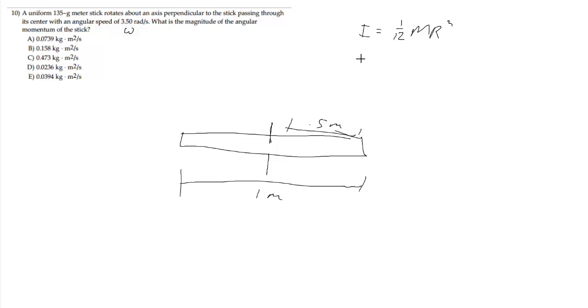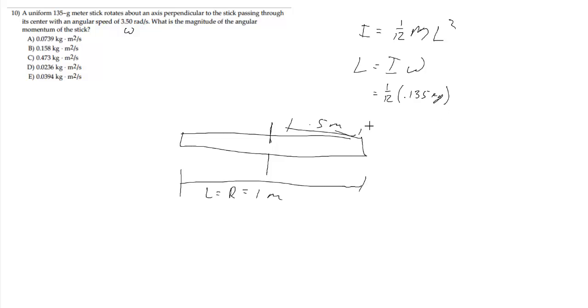So our angular momentum, L, is going to be I omega, where I is going to be 1/12 m, which is 135 grams or 0.135 kilograms, times, now in this case, it's not r, it's actually L, the length of the stick. So this should actually be an L here, not an r.